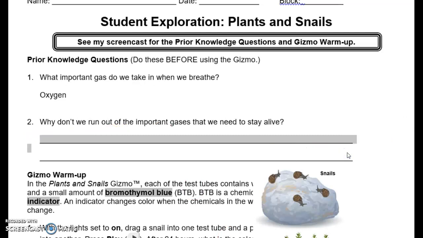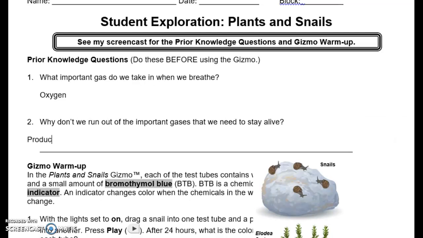We're going to put producers go through photosynthesis, comma, providing the gas that we need to stay alive.